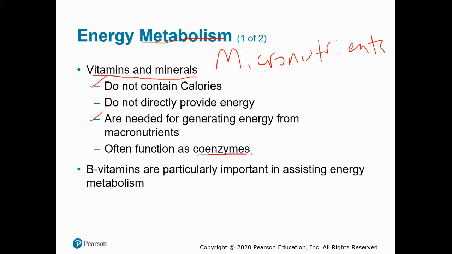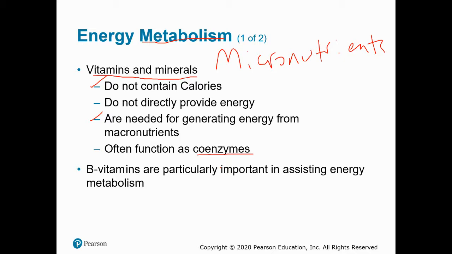And then we're going to see a lot of them function as coenzymes. Remember that coenzymes are molecules, oftentimes vitamins, that support the function of enzymes. Remember in Chapter 7, we saw that cool diagram in which the enzyme didn't work with its substrate until it had the coenzyme bound to it.